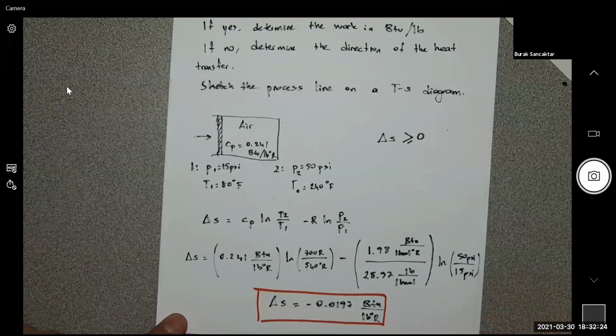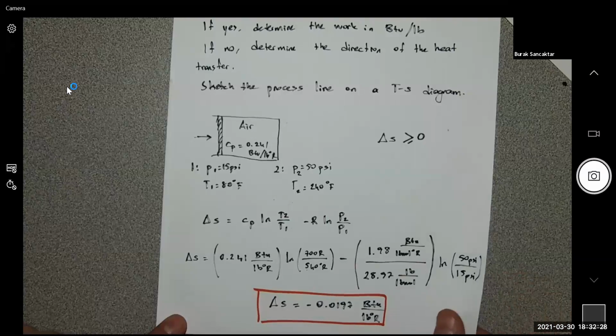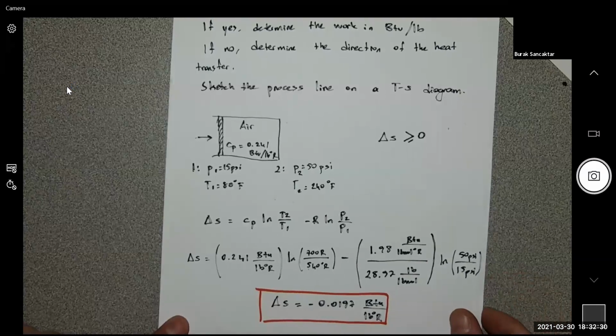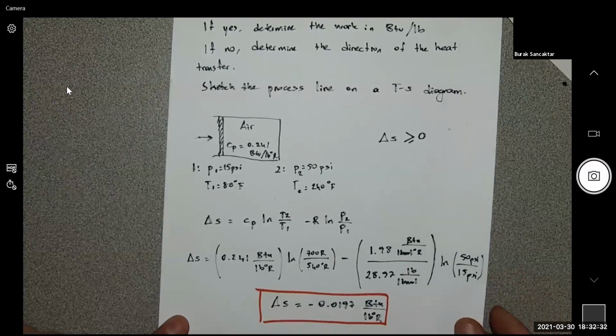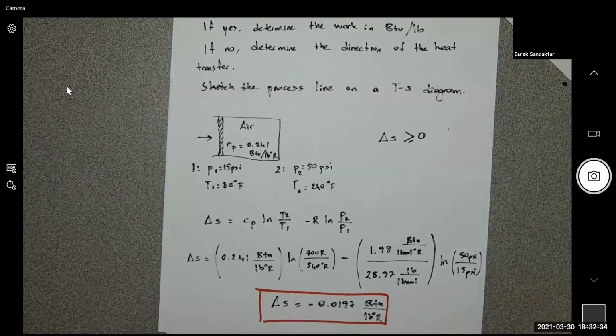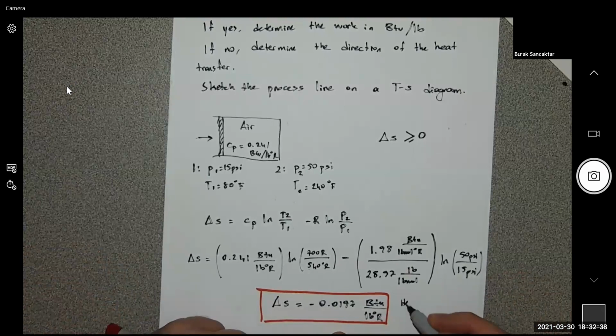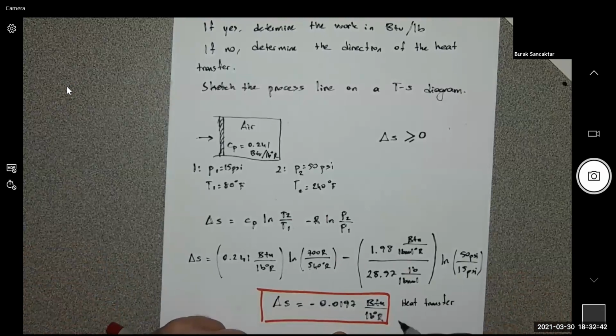The only way this term can be negative is heat transfer occurring out of the system. So heat transfer out of the system.